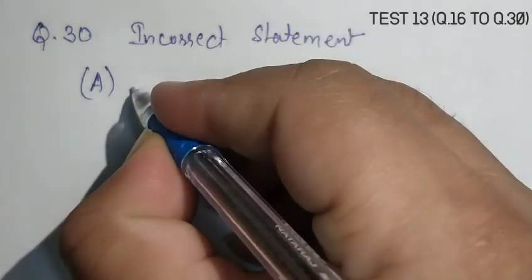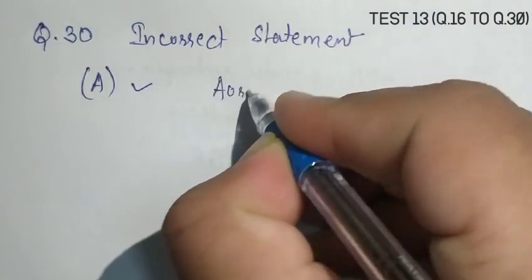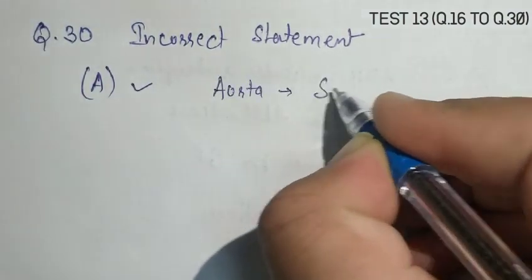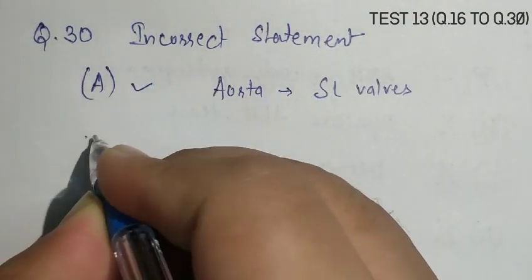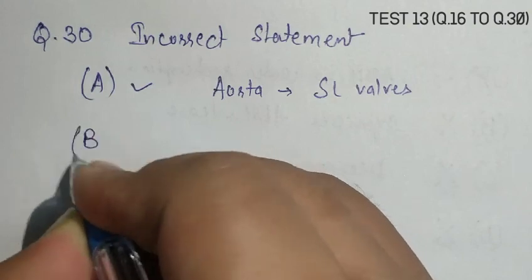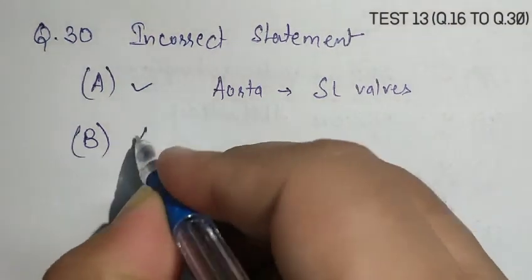This statement is true, as the opening of the aorta is guarded by semilunar valves. Option B: bicuspid and tricuspid valves are connected by chordae tendineae to the wall of the artery. That statement is wrong.